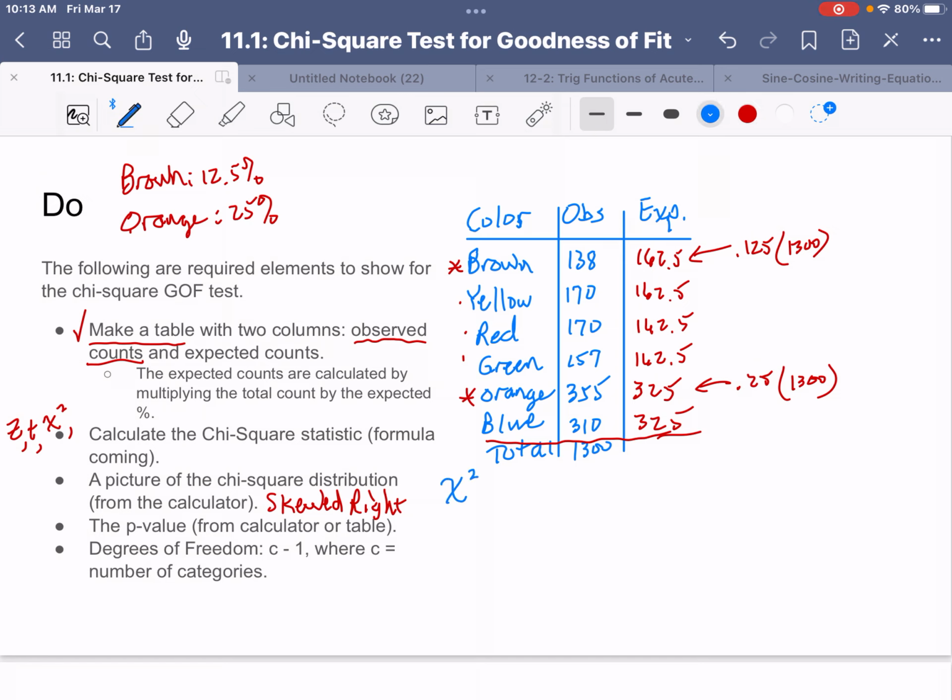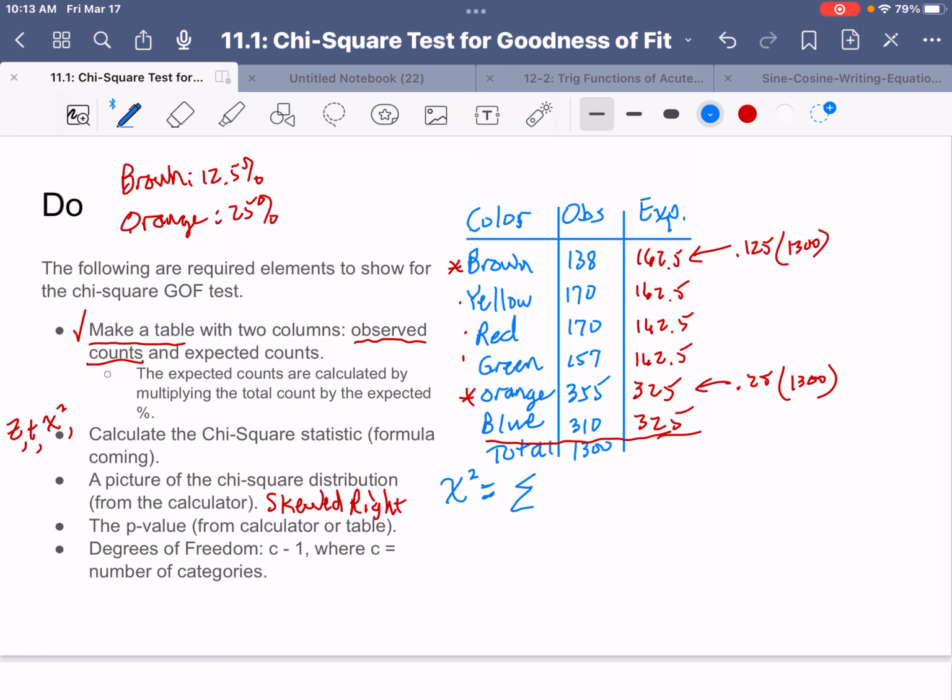The calculator is going to give us chi-square when we run the chi-square test. But as I've been telling you all along, when you're carrying out a significance test in a free response question, you have to play the game. You have to know the formula and show them that you know the formula. So we're going to do this one a little bit by hand to a certain extent.